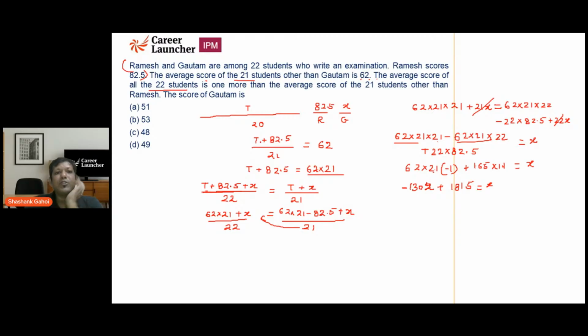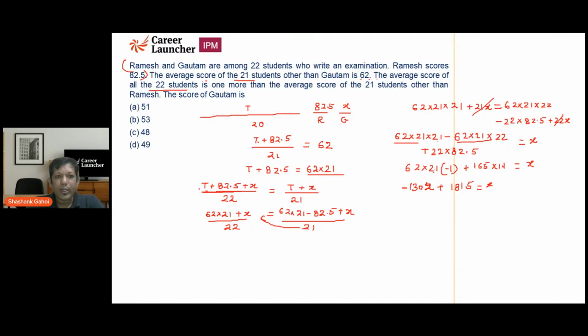So let's see. So t plus 82.5. The average score of the others other than Gotham is 62. So t plus 82.5 divided by 22 is equal to 61, 62. Okay, so t plus 82. Okay, fair point. Total score 22. So 22 times.